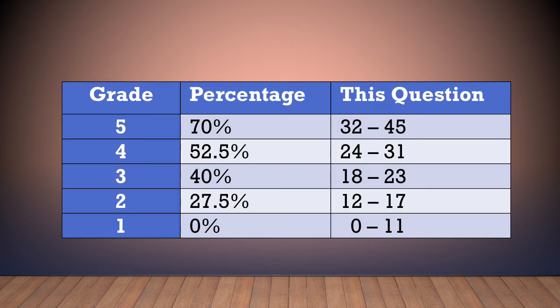There is a total of 45 points available for this problem. There is no exact formula for what number of points will constitute a 5, 4, 3, 2, or 1 on the AP exam. However, these percentages are what have been used in the past based upon exams released by the College Board.